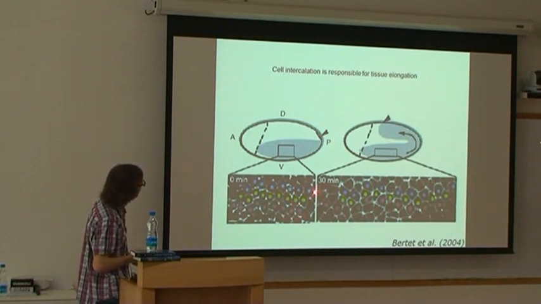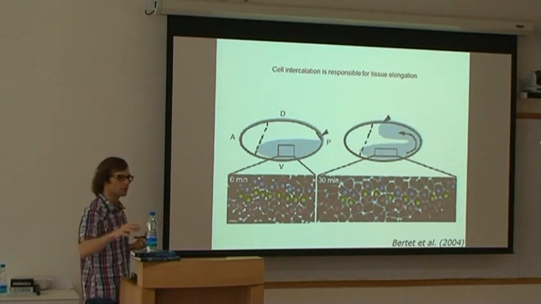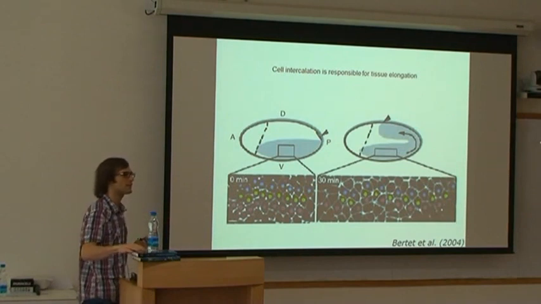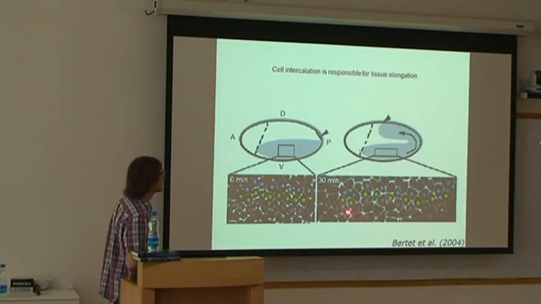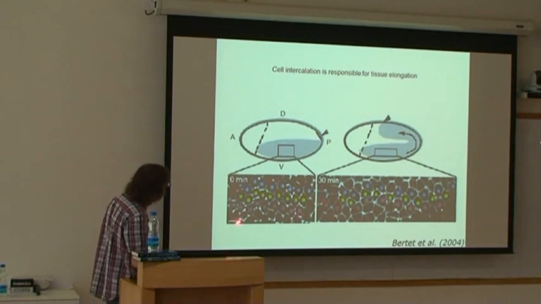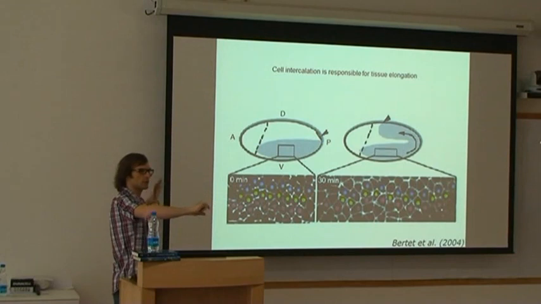But after 30 minutes, this cell here, you will see it's in contact with the red cell, the magenta cell, while the two green cells now are separated. So this intercalation, in fact, is an exchange of neighbors. So what happens is that many neighbors are exchanged, and as you see, this piece of tissue, which is exactly the same now, is elongated.